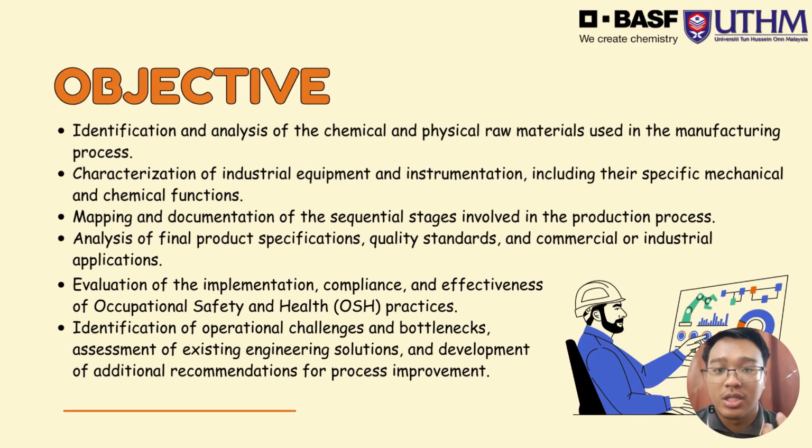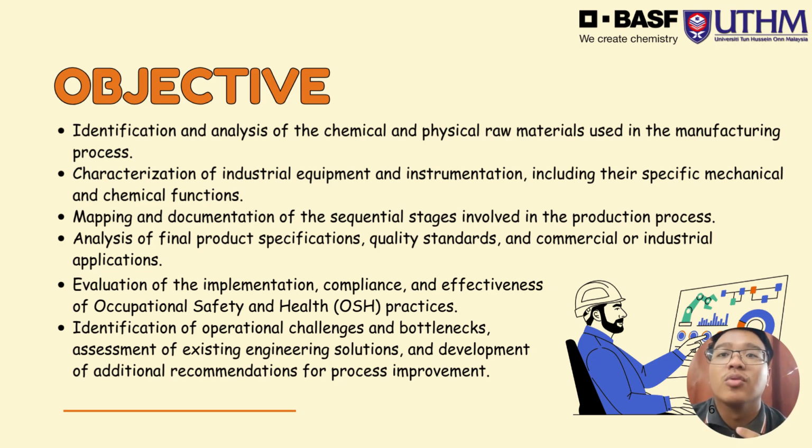For the objectives, firstly, we have to identify and analyze the chemical and physical raw materials used in this manufacturing process. The second, we have to categorize the industrial equipment and instrumentation, including the specific mechanical and chemical functions. For the third, we have to map and document the sequence of stages involved in the production process.